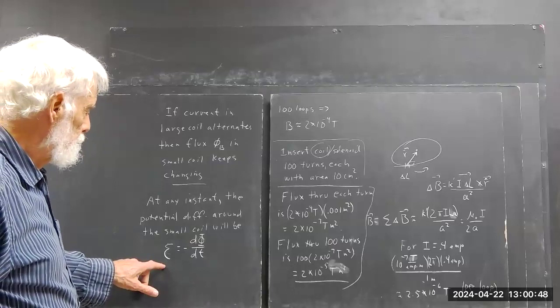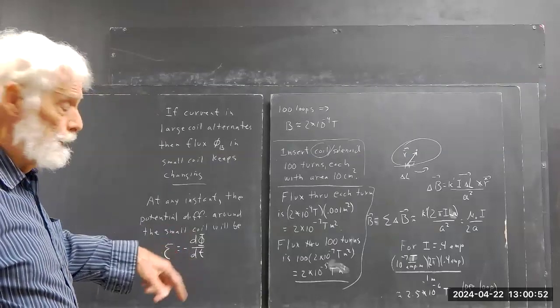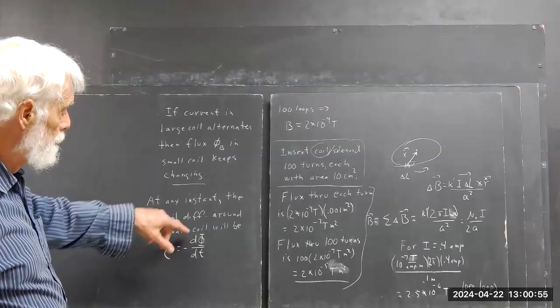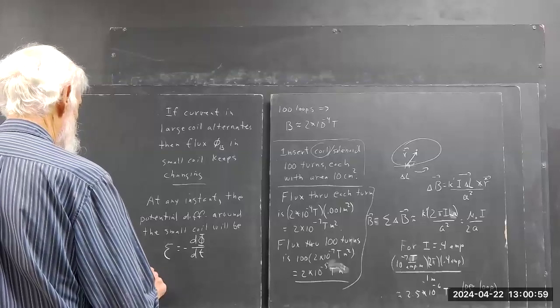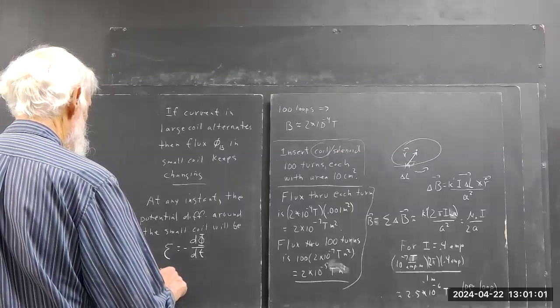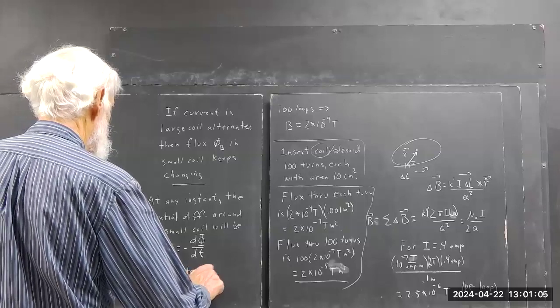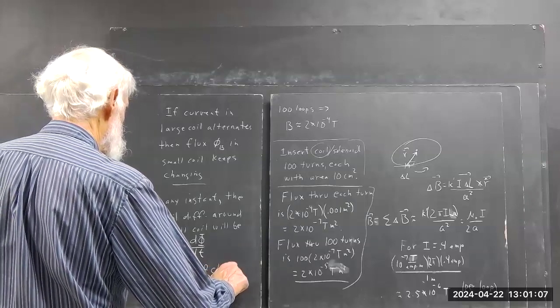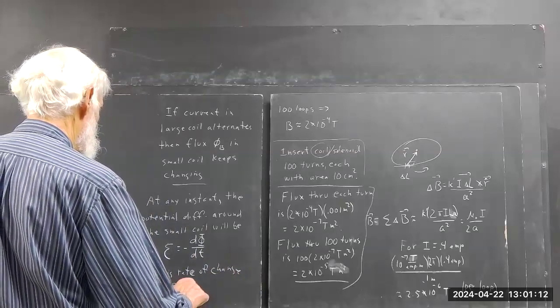What we get is the EMF is negative d phi dt. That the EMF is the rate at which flux changes. I'll write that as the rate of change of the flux.